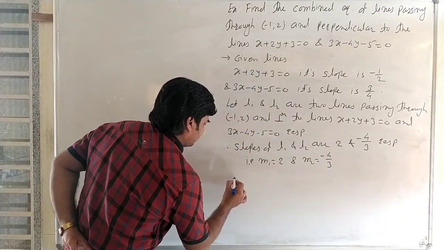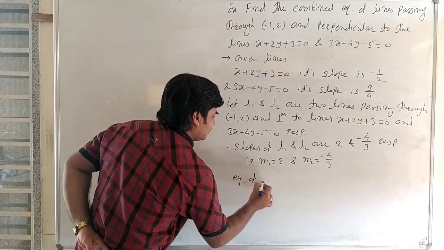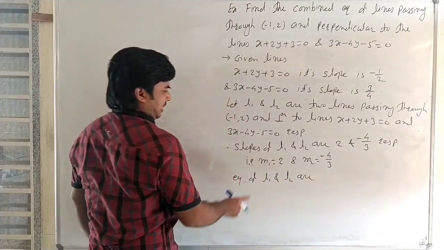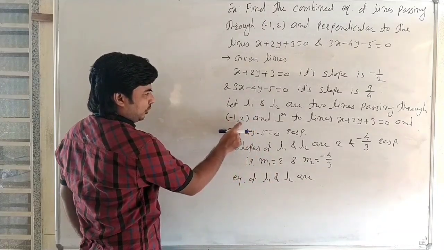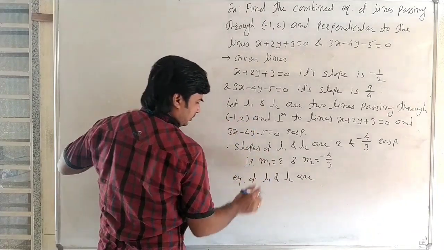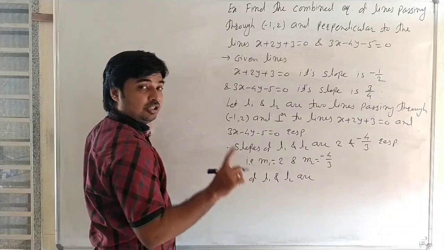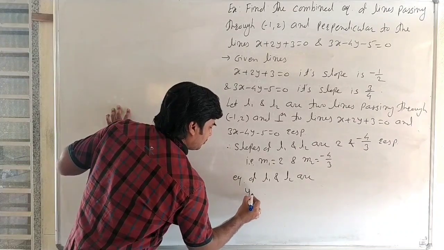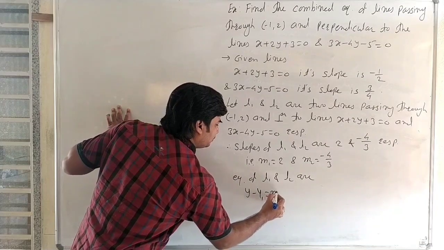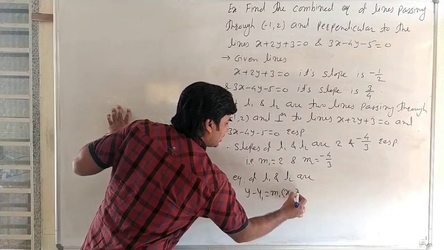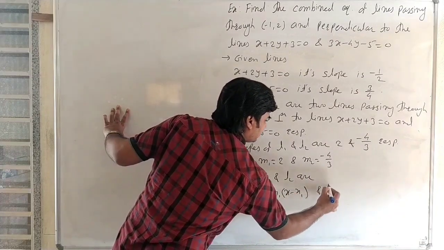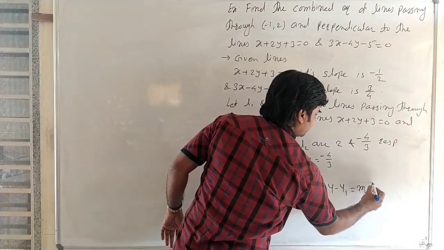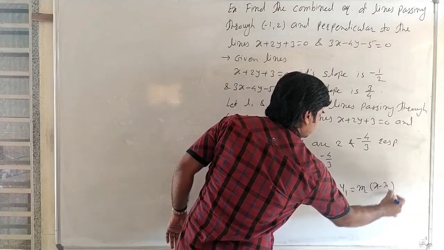Now, the equations of L1 and L2. L1 and L2 pass through the point (x1, y1) with given slopes. Therefore, y - y1 = m1(x - x1) and y - y1 = m2(x - x1).